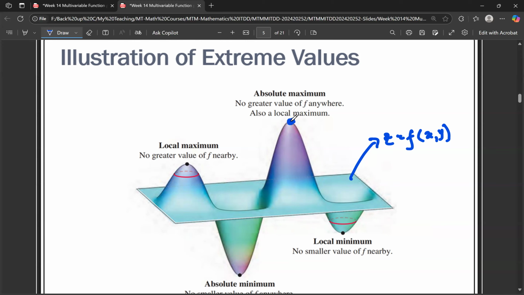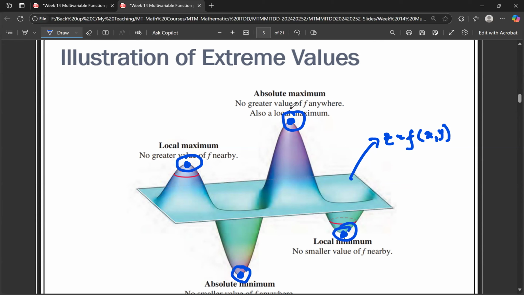We sometimes have some tips, local maximum or local minimum. You can look at that here: we have two maxima and two minima.